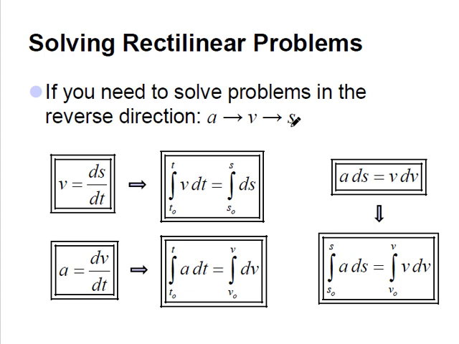So if you look at the reverse direction problems, then you're going to start with acceleration, walking back all the way to the position. So your process is you will be using calculus integration to do that. Your process is going to go acceleration, velocity, and then position.